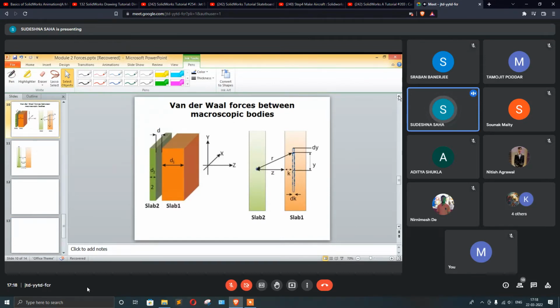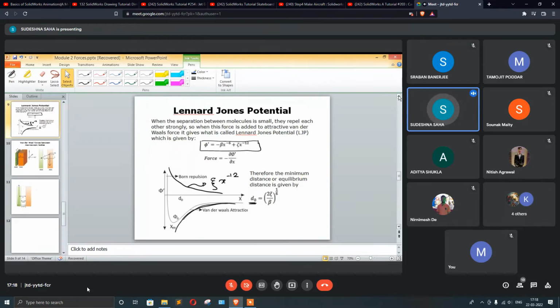Okay, now before going to the van der Waals forces for surfaces, let us just calculate what the d naught will be for methane, and see what the significance of this d naught is all about.